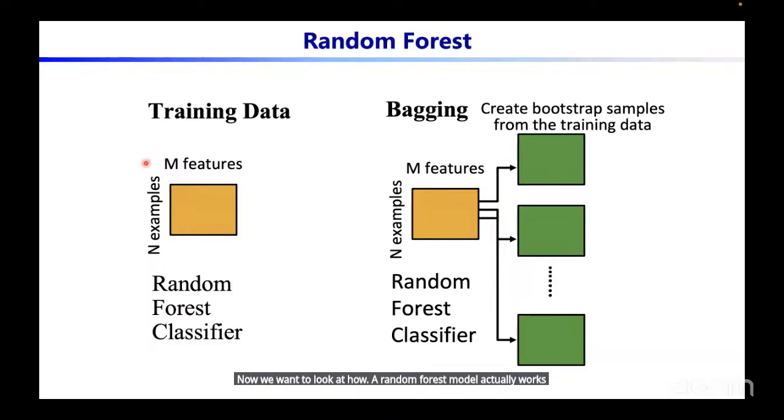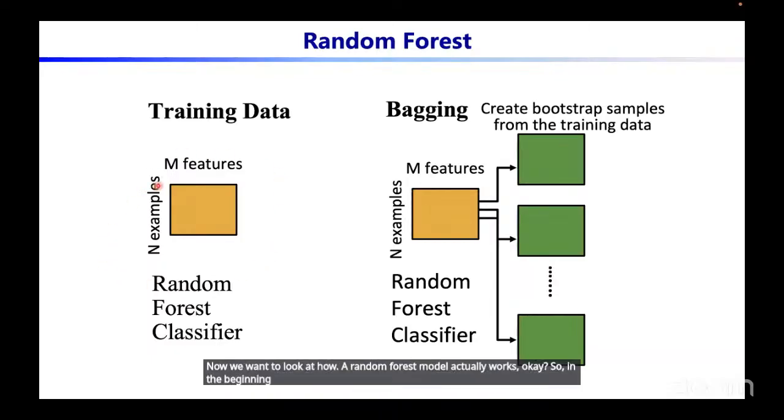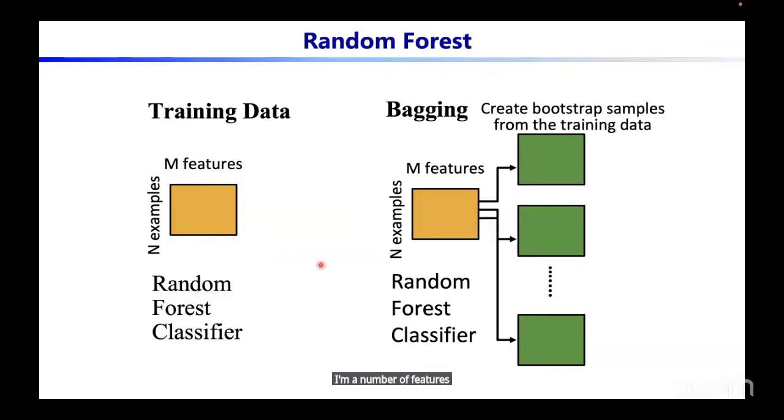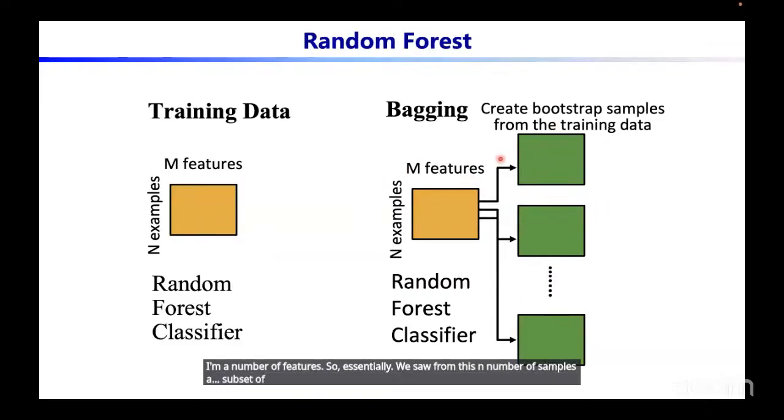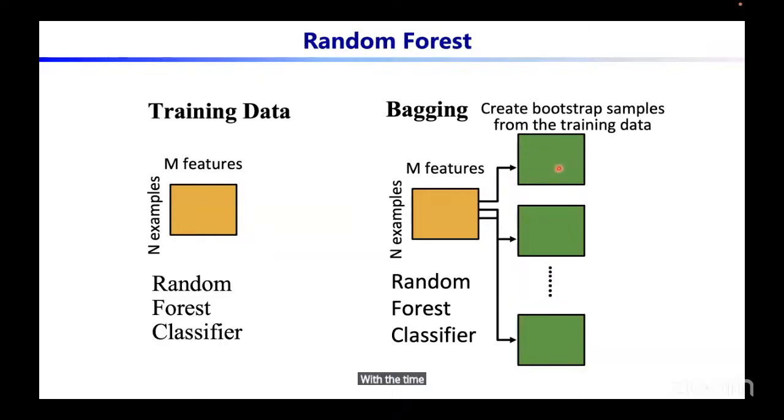In the beginning, we have n number of samples and m number of features. Essentially, we draw from these n samples a subset of samples with the same m set of features.